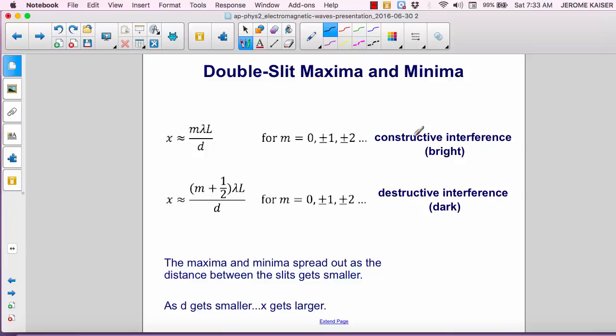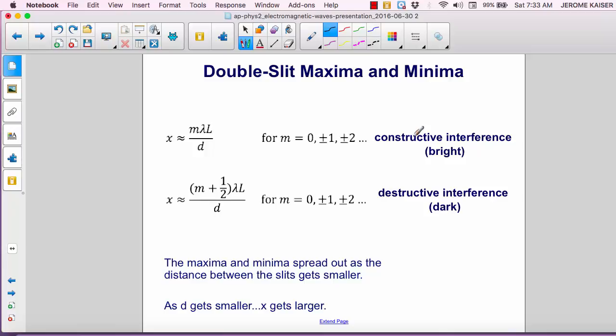For destructive interference, we have exactly the same equation, but we add a half wavelength. So the distance from the center to a dark fringe is given by x equals (m plus a half) lambda times L divided by d.